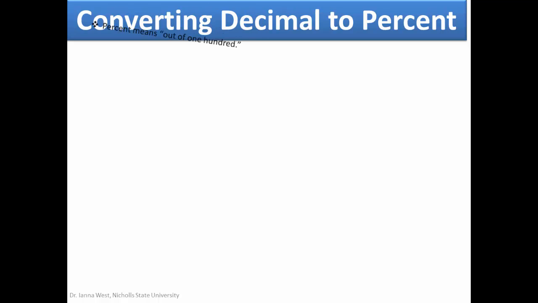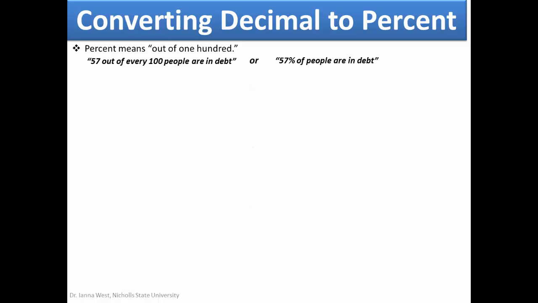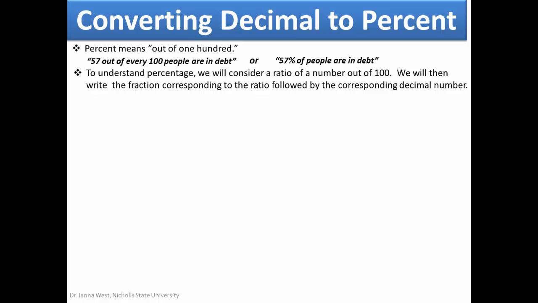Percent means out of 100. For example, saying that 57% out of every 100 people are in debt is the same as saying 57% of people are in debt. To understand percentage, we will consider a ratio of a number out of 100.